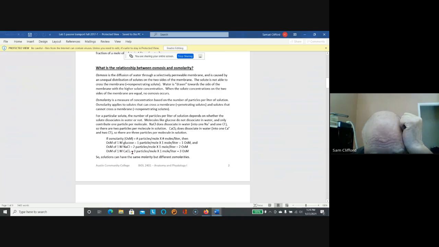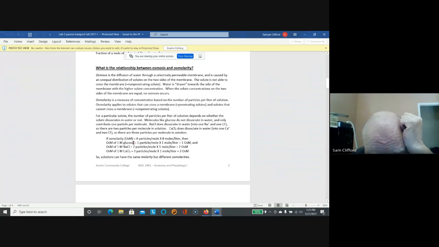If I have calcium chloride, the calcium chloride dissociates into 3 particles. So if it's a 1 molar solution of calcium chloride, it will be 3 osmolarity. So solutions can have the same molarity but different osmolarities.